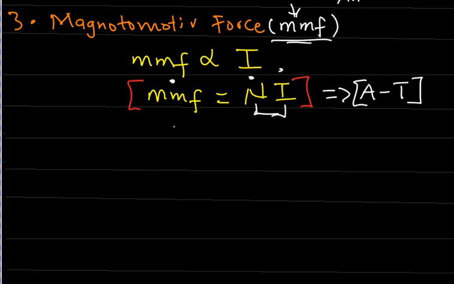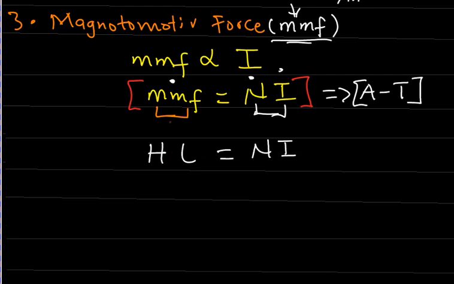Now, you should also take note of this. Magnetomotive force is calculated as the magnetizing force times the length of the conductor. So this is another formula you should take note of.